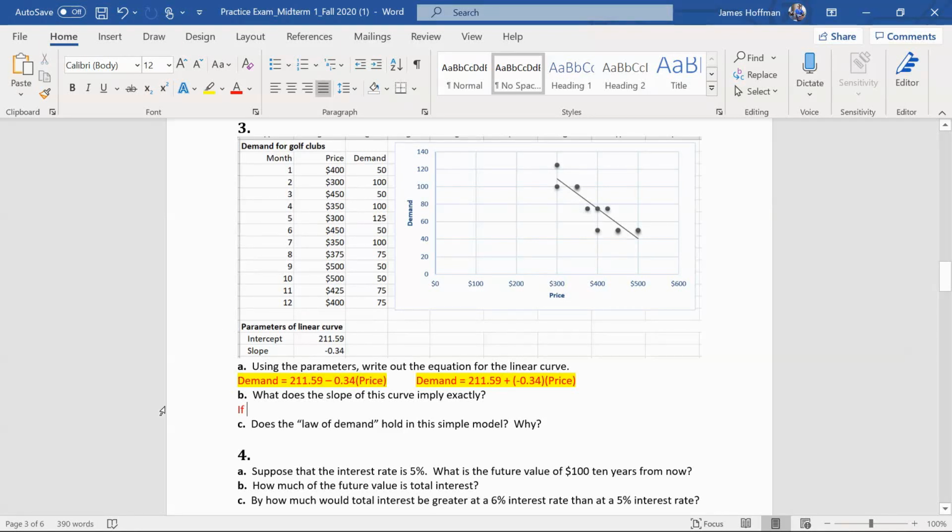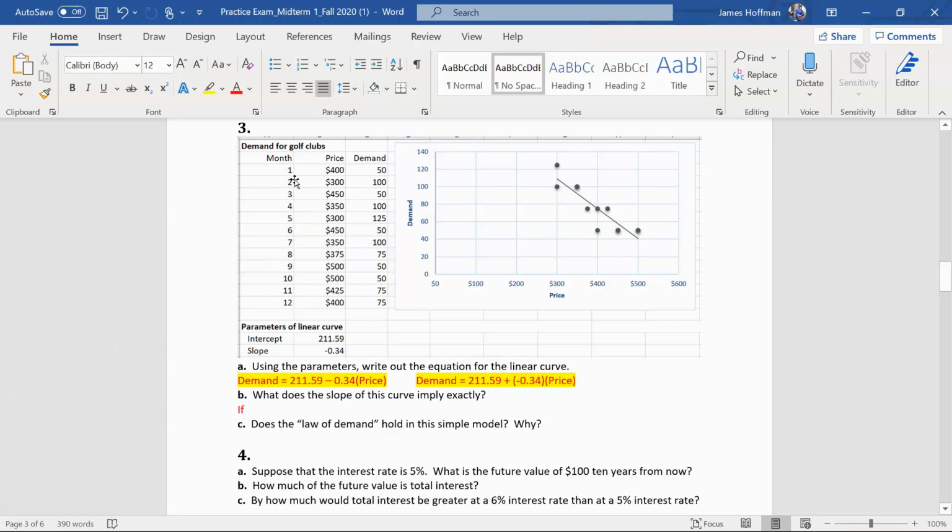But why, month 1 and month 12, their price are 400, but why their demand are different? Okay, so the months 1 through 12 are the different observations. So this is the price and demand in month 1.